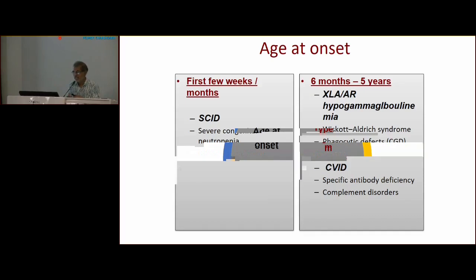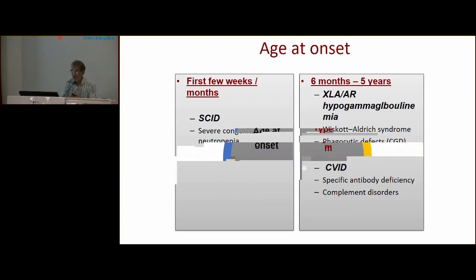Phagocytic disorders like CGD usually present between 6 months and 5 years, but this is quite variable. Certain infants who have a very severe mutation may present in infancy. And if there are hypomorphic mutations where there is still some protein left, they may even present in adulthood, and not only with infections, but with symptoms like inflammatory bowel disease.